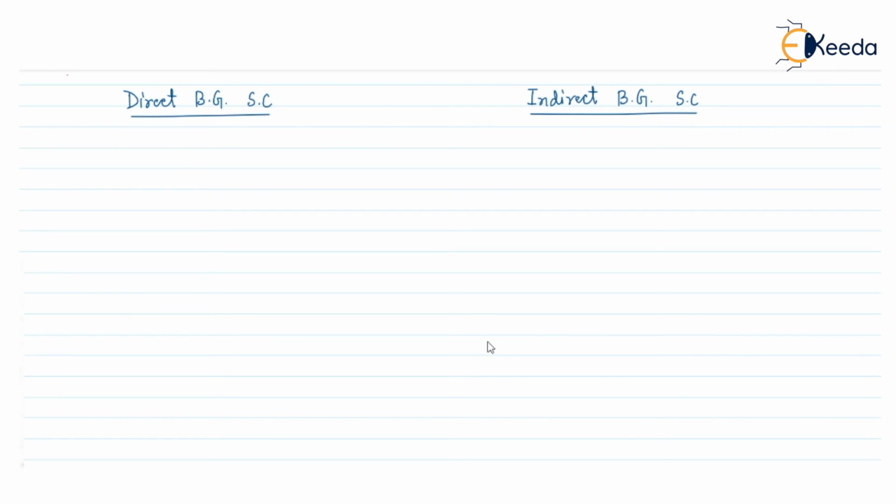In the first point, we can say that light generation from a direct band gap semiconductor is possible, but in the indirect band gap semiconductor, light generation is not possible.